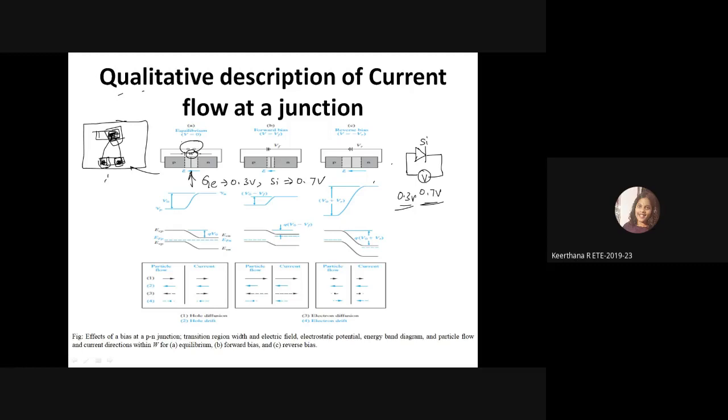So it's semiconductor, so PN layer. If it's a silicon material, it will have 0.7. If it's germanium, that is 0.3. Fine, that we know. I'm asking you, how did it come?